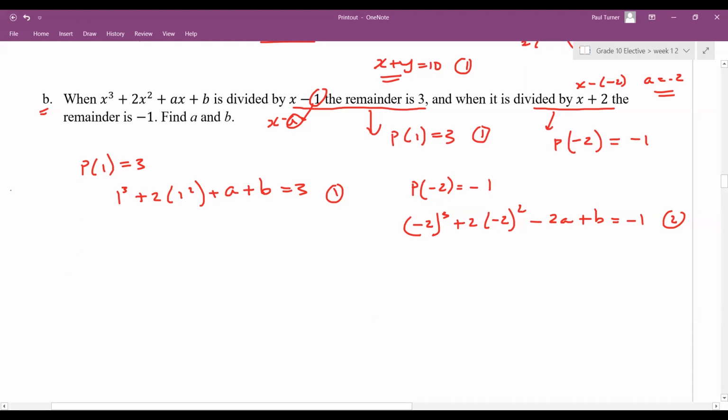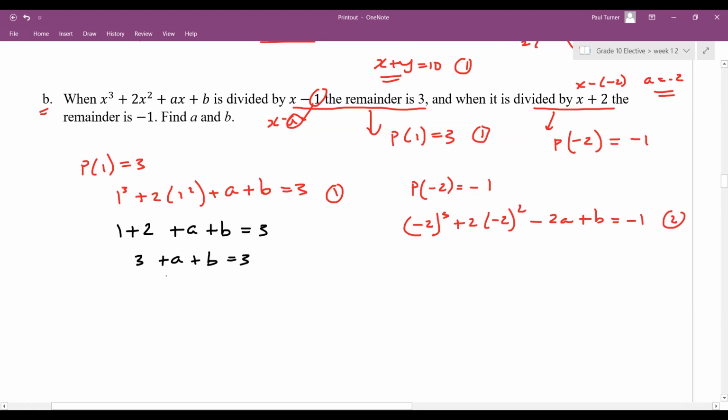So if you're doing this, we've got 1 cubed. You can check your working against mine. 1 cubed is 1. 1 squared is 1, times 2 is 2, plus a plus b equals 3. So we still have more to do. 2 plus 1 is 3, equals 3.